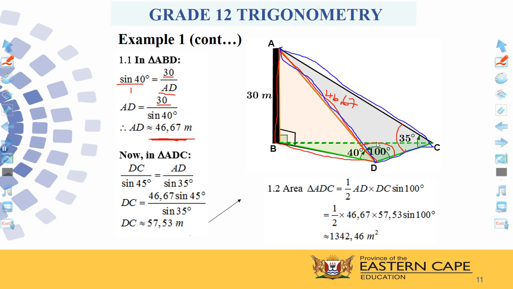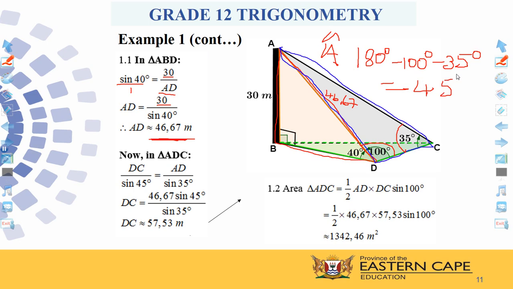But if I know that this is 100 and that is 35, what is the third angle of the triangle? Angles of a triangle add up to 180 degrees, so angle A in that triangle is 180 minus 100 minus 35, and the answer is 45 degrees.